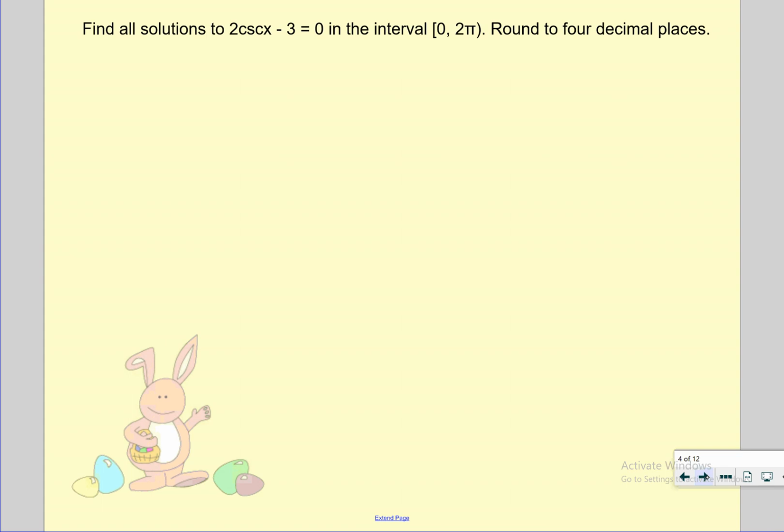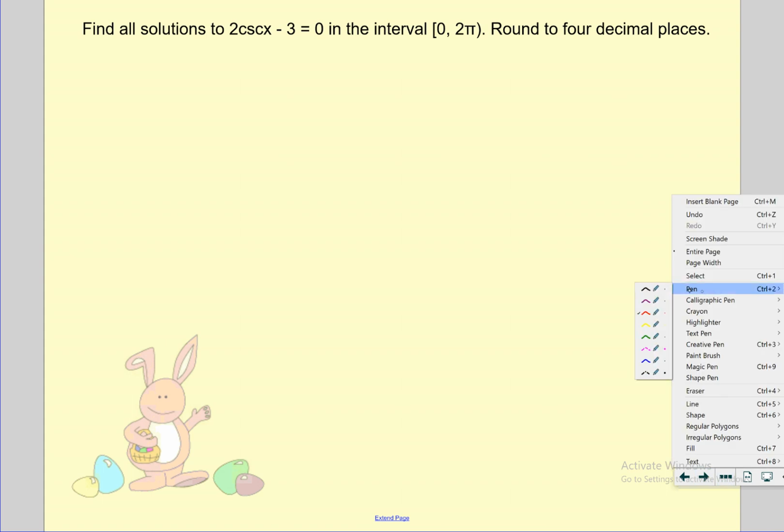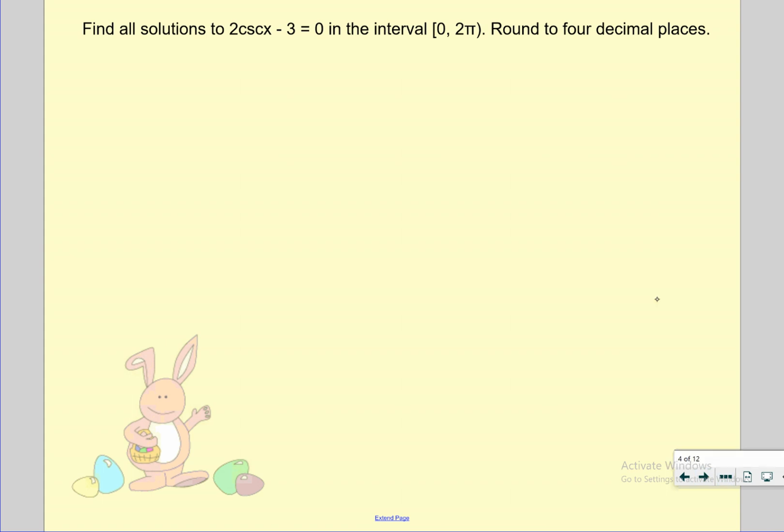All right, so we'll mess with the instructions in a little bit here. Let's just go ahead and get that cosecant alone first. Okay, so I'm going to add 3, and I'm going to divide by 2. So 3/2.